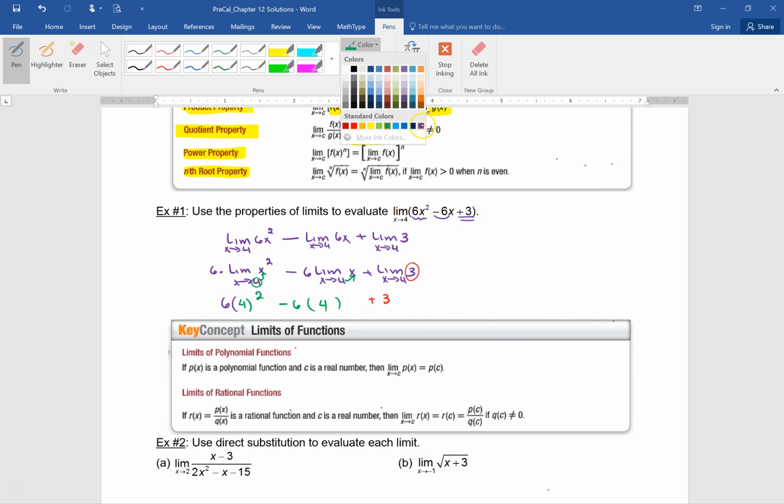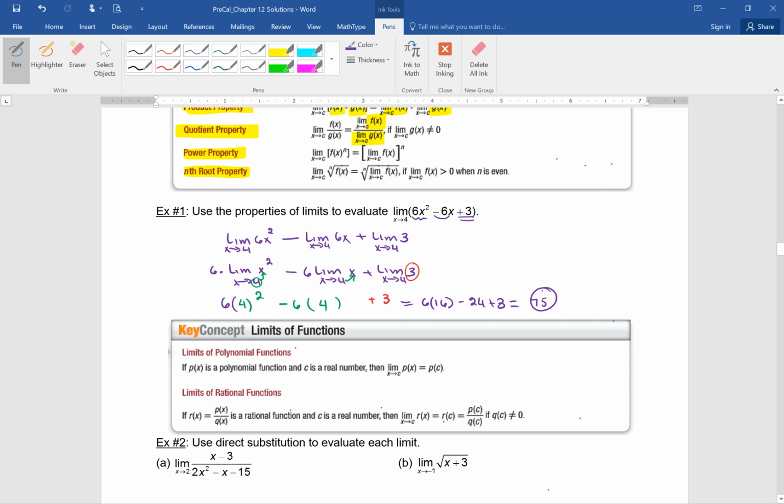So finally, when you do all that math, what do we get? 6 times 16 minus 24 plus 3. How much is all of that? 75. So that's the limit of that function as x approaches 4.